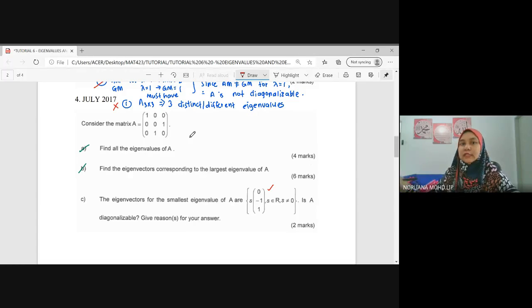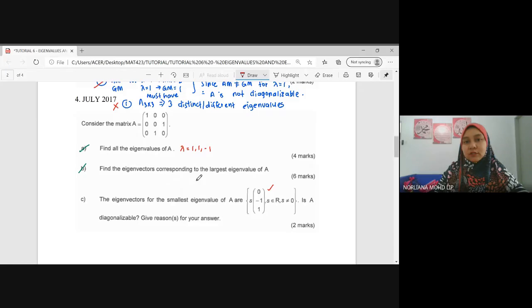Okay, first I'll find the lambda or the eigenvalue. Okay, tu awak boleh cek sini. Kita tengok lambda equal to apa. Okay, yang tu dapat lambda equal to 1, 1, negative 1. Ni pun not distinct eigenvalues lah. Sepatutnya 3 kan, ni ada 2 je.